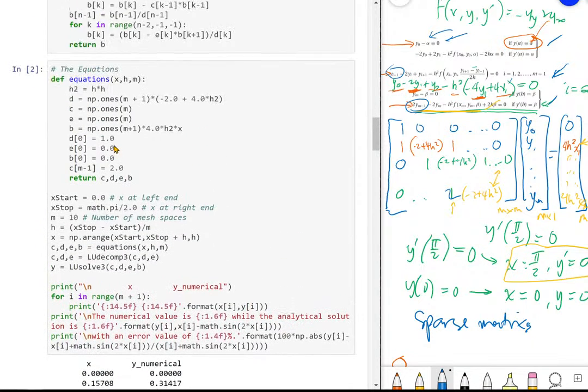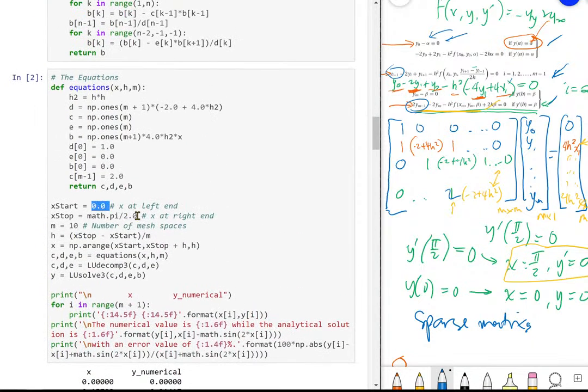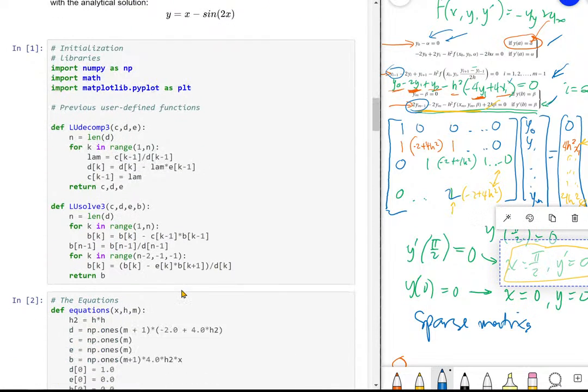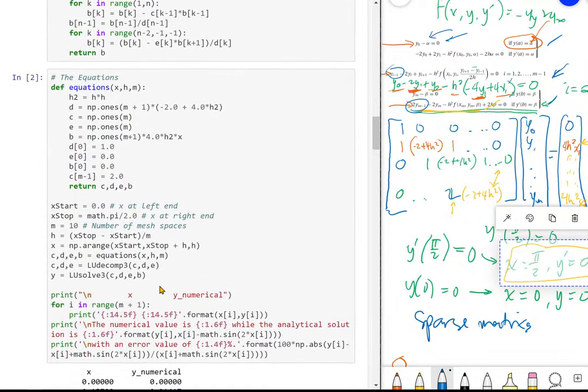So start from 0 to pi over 2, based on the boundary x from x0 to xn at pi over 2. So that's our range, x at the left and x at the right.